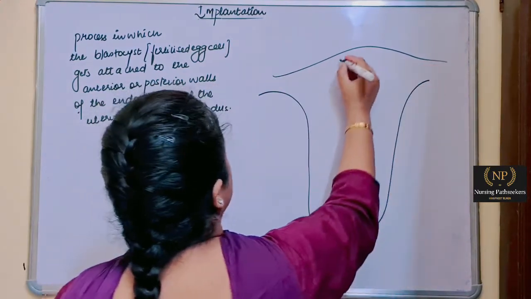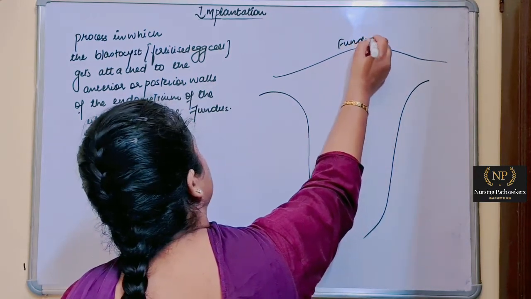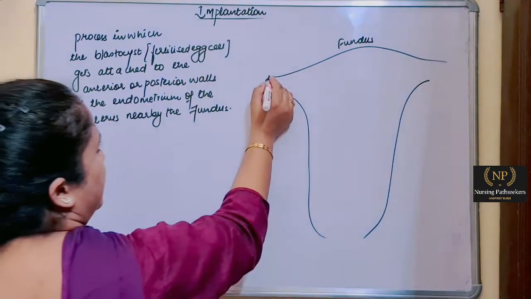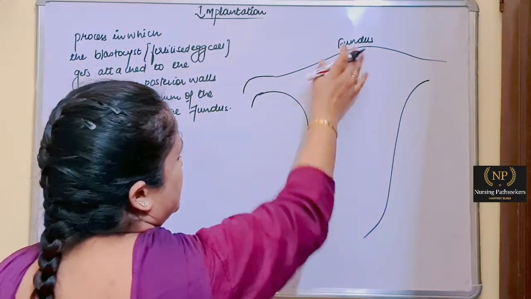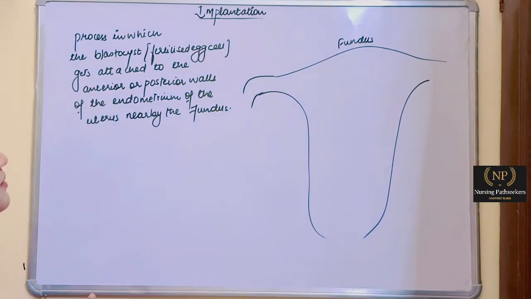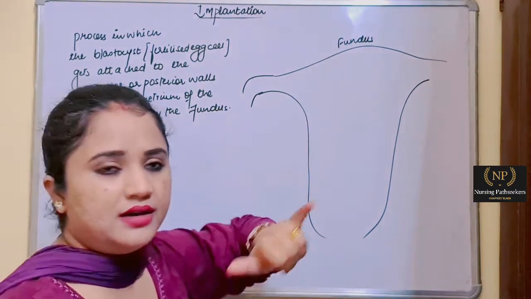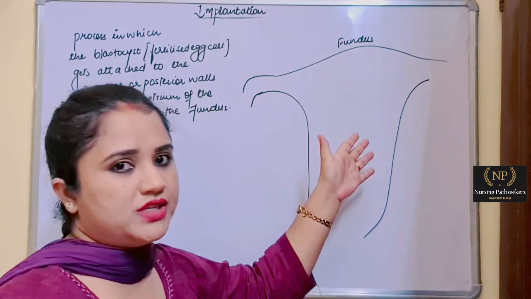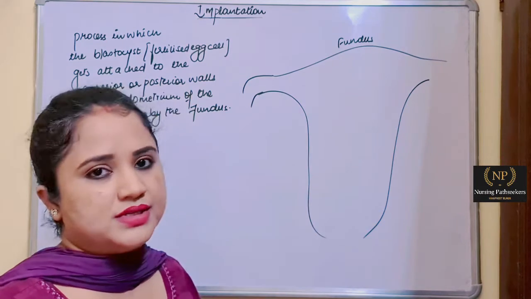This is the uterus, and this large broad area is called the fundus, nearby the fallopian tubes. The blastocyst that is formed is going to attach either anteriorly or posteriorly nearby the fundus in the endometrial lining of the uterus.